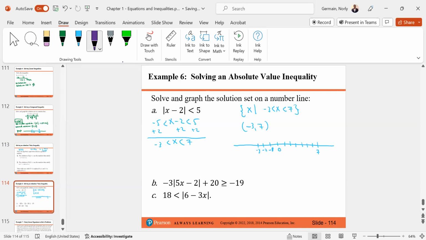It cannot be closed dots, so we use open circles at -3 and 7, and we connect these 2 points.